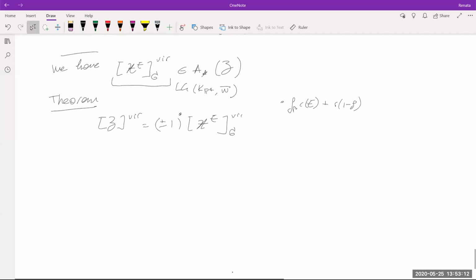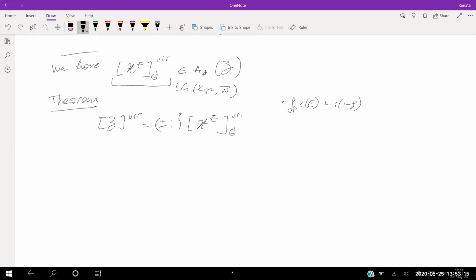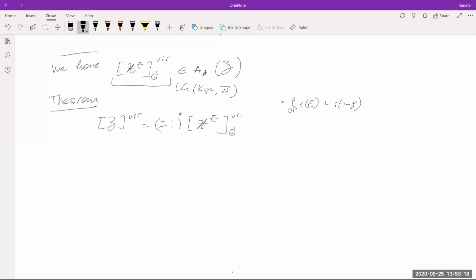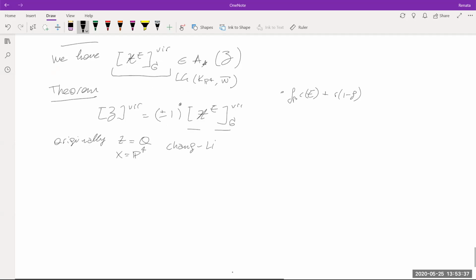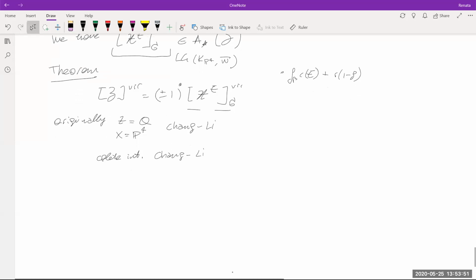Okay, and this theorem has been proved in different forms and different setups by different people. So originally, Z is just a quintic threefold and X is P4. And this is the original construction by Chang and Li, who introduced this moduli of stable maps with P fields. Then it's proved in the case of complete intersections by Chang and, differently, Kiem and Li.